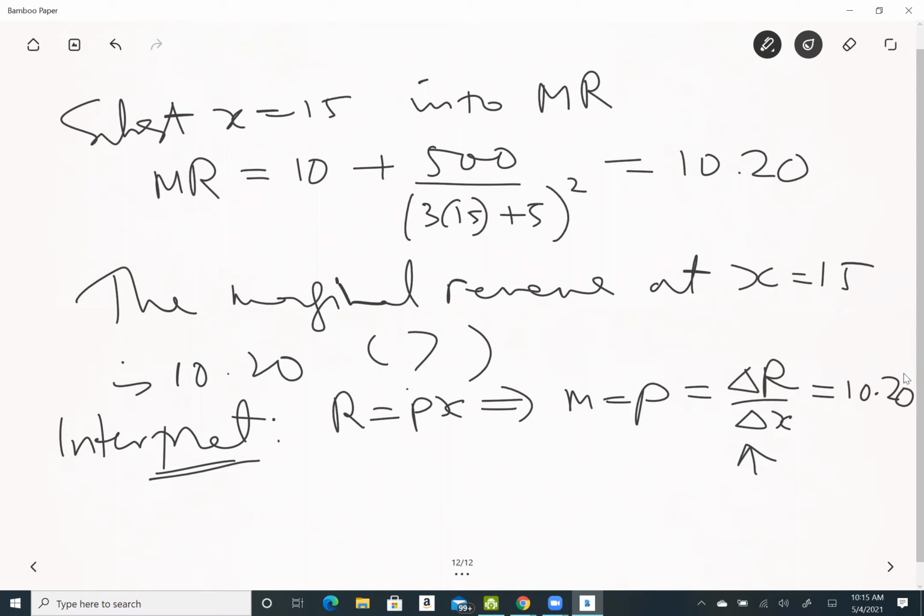Yes, dollars. So that is how you interpret the marginal revenue for the linear function. That's the basic of interpretation.